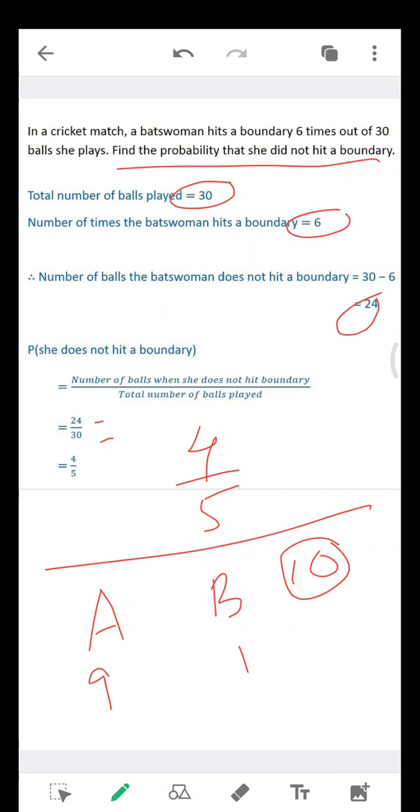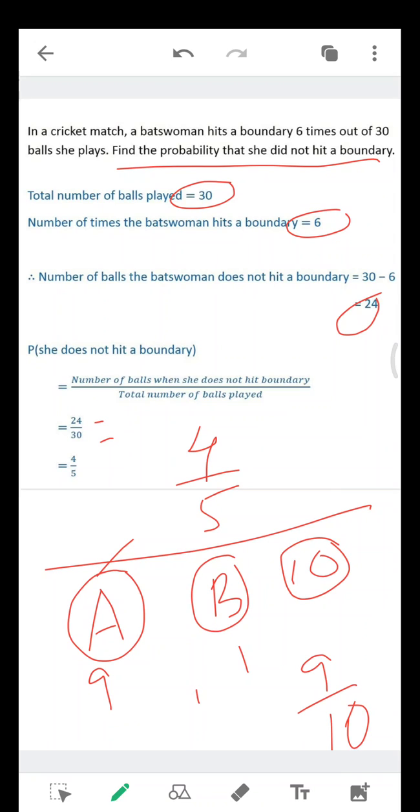So next time, the 11th time, whose chances are more for standing first? Our probability goes with A. The chance of getting first rank for A is 9 by 10, and for B it is only 1 by 10. It's 90% and this is only 10%. So we use this concept in our day-to-day life also.